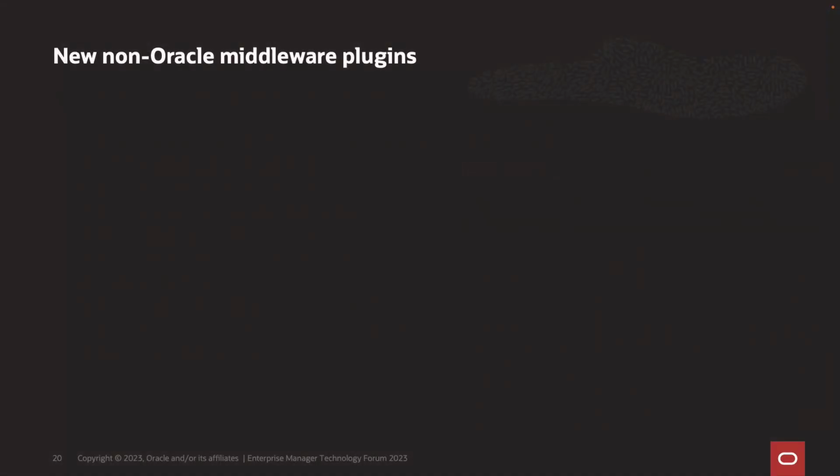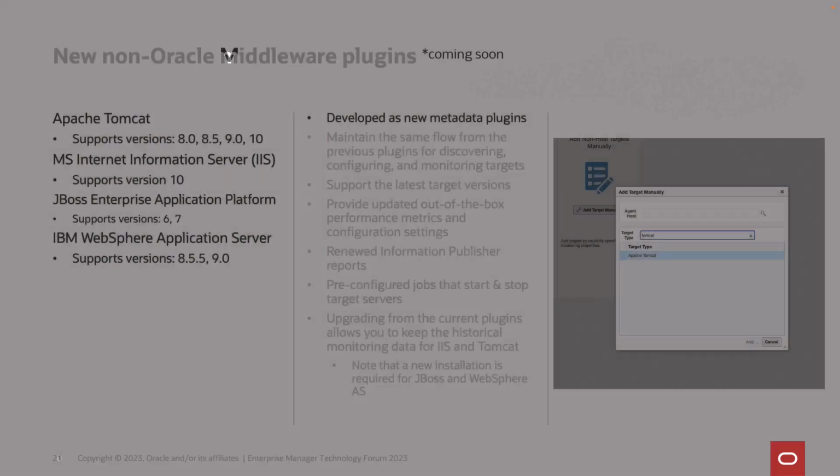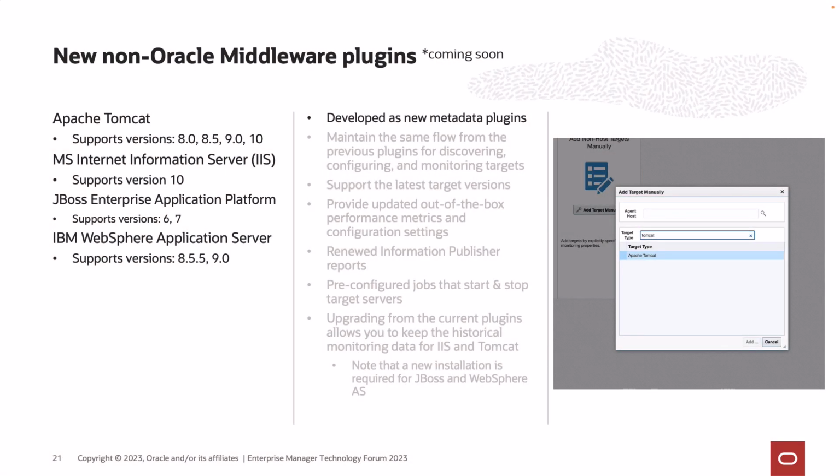Now let's shift gears and talk about the new non-Oracle middleware plugins. In a future release of Enterprise Manager, we are planning to introduce brand new non-Oracle middleware plugins. These are the plugins for third-party middleware server target types.